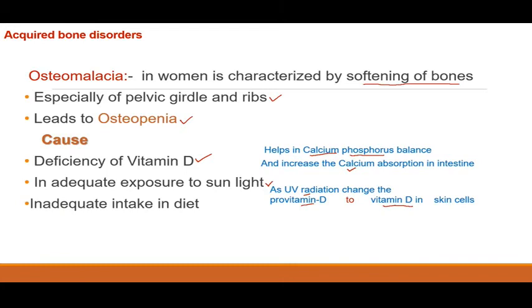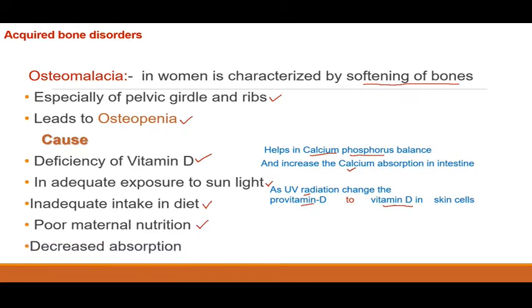Second is inadequate intake in diet. So limited dietary intake of vitamin D or poor maternal nutrition causes the deficiency of vitamin D. And another is decreased absorption of vitamin D due to biliary tract obstruction, cholestatic liver disease, or pancreatic insufficiency.